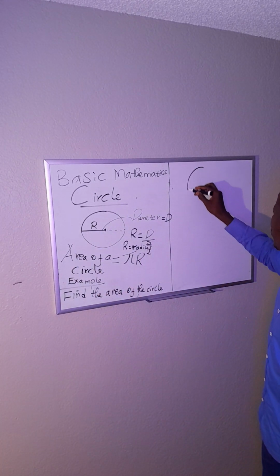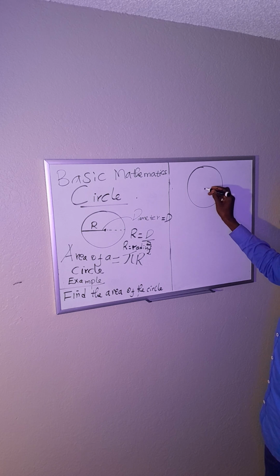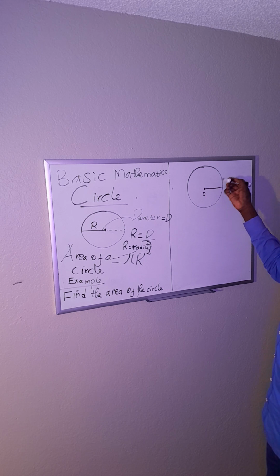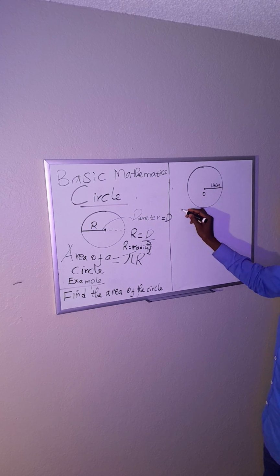So this is how my circle will look, the one that I want to find its area. I draw this. This is my center O. I want my radius to be 14 centimeters. I'm looking for its area.